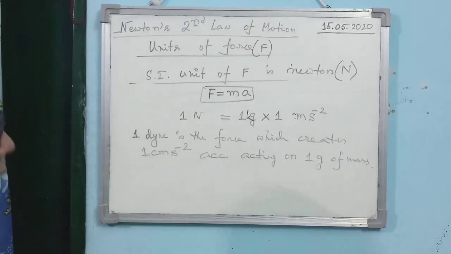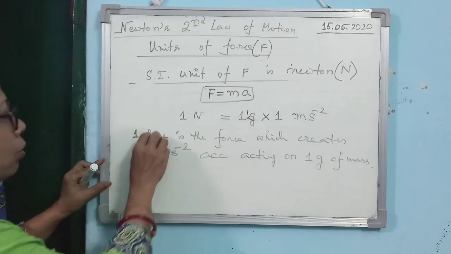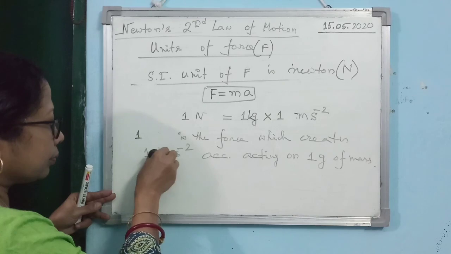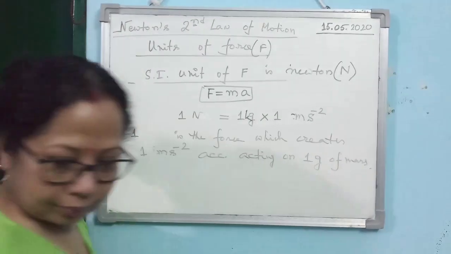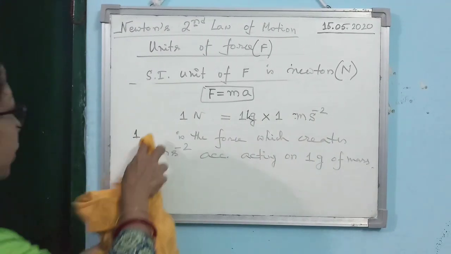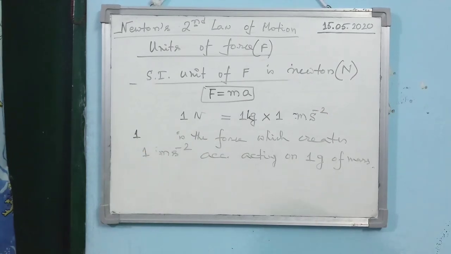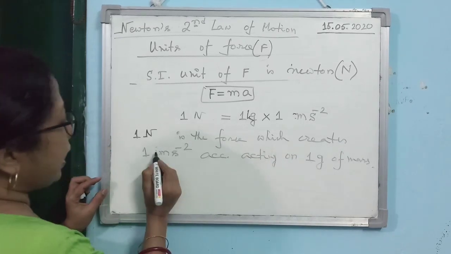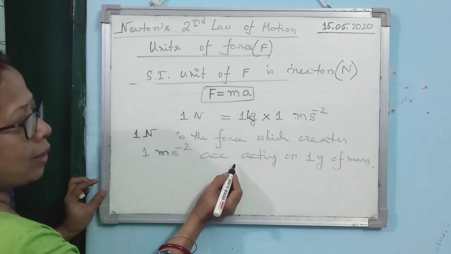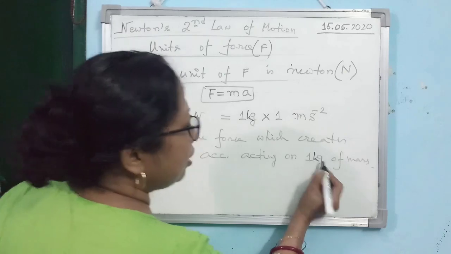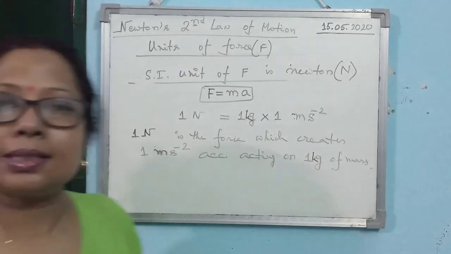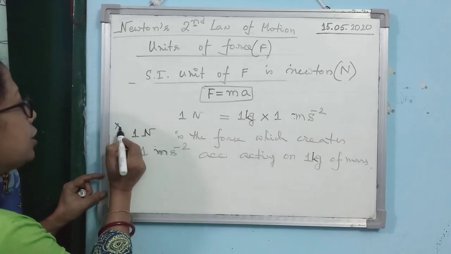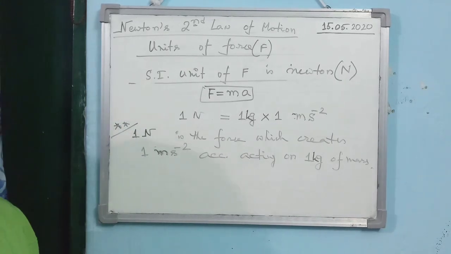So again, how can you write down the definition of 1 Newton? This is the advantage of a teacher. I am just writing, you have to rewrite it. 1 Newton is the force which creates 1 meter per second square acceleration acting on 1 kg of mass. Is that clear?